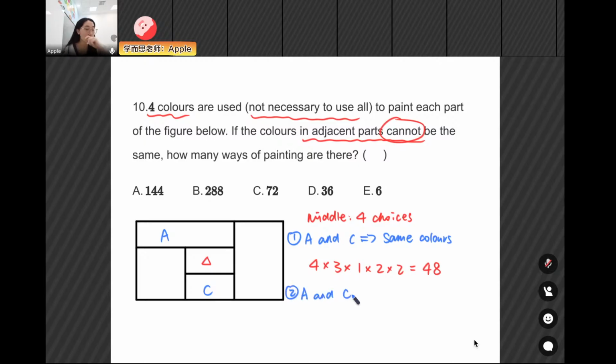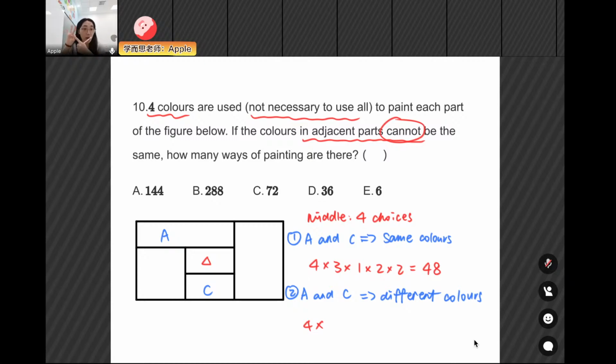If I already show you the first case is A and C have the same color, then the last one, okay, so you will see that they are the different colors. And then if they have the different colors, then what about the number of possible ways? Again, we know the middle one gets 4. Then following this, okay, let's move on to A. For part A, how many colors can you choose?